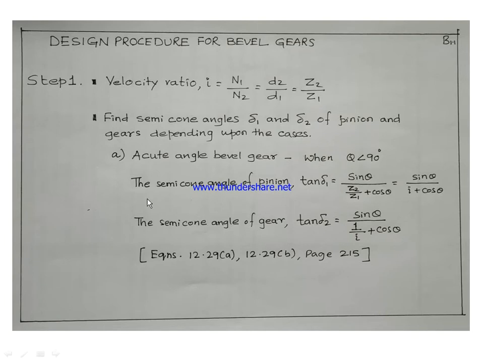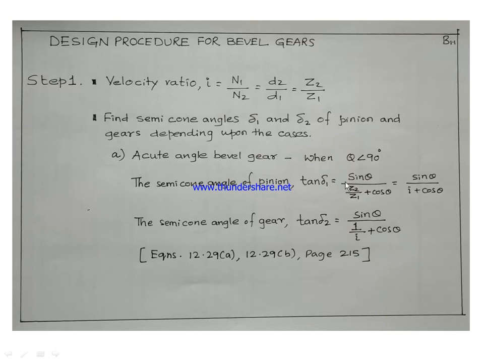Now, as a first step, we have to determine the velocity ratio if not given. Then find the semicone angles delta 1 and delta 2 of pinion and gears depending upon the case. First case is if it is an acute angle gear, means when the shaft angle is less than 90 degree.